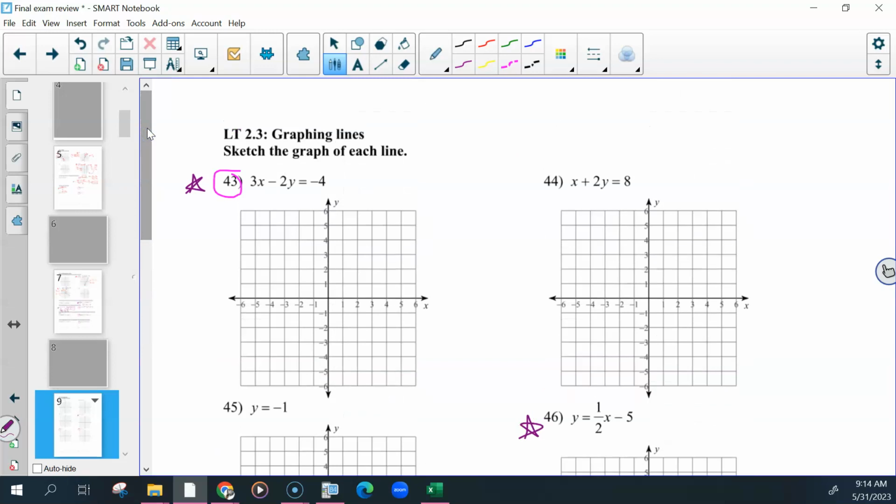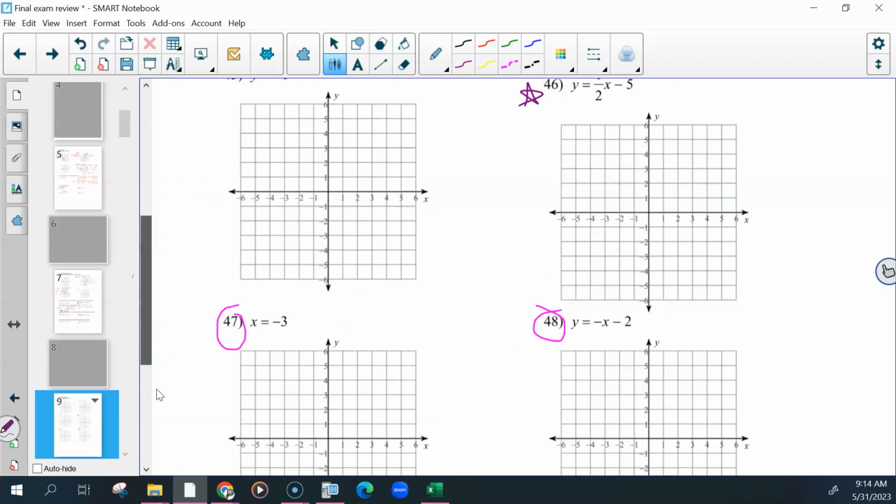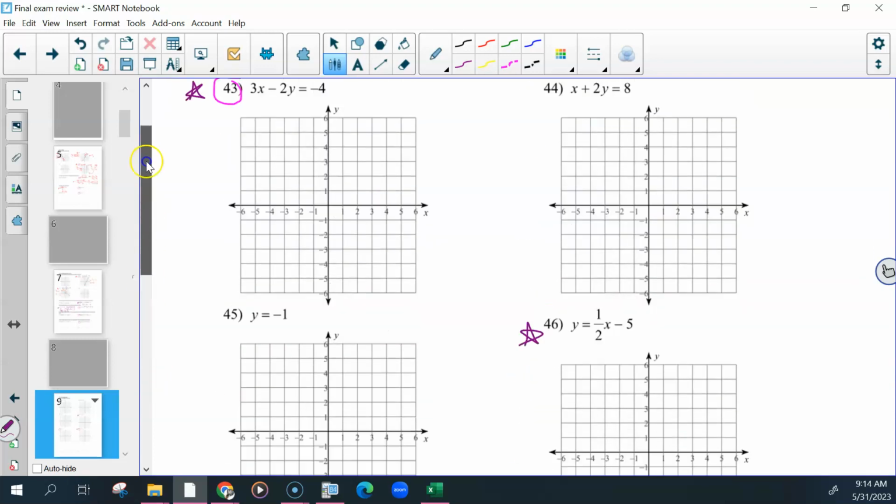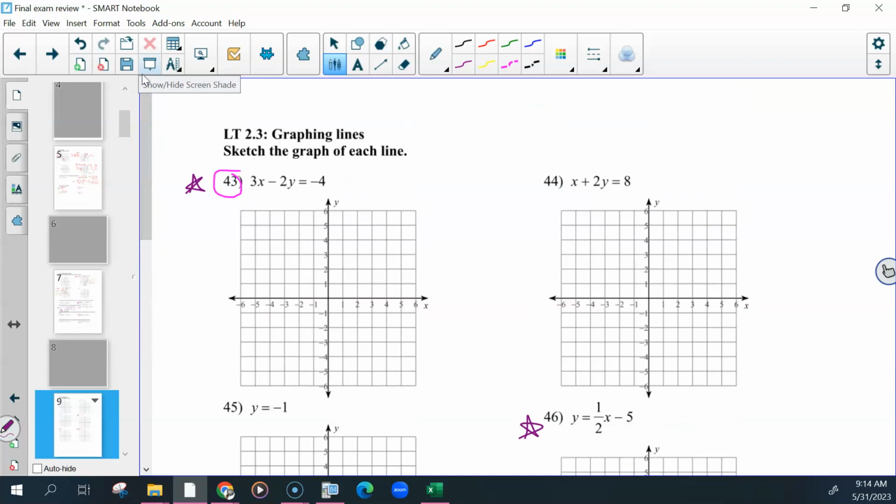Any others? 48. Okay, let's start with 43.